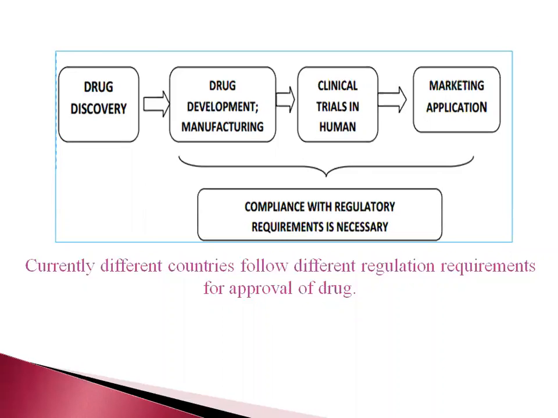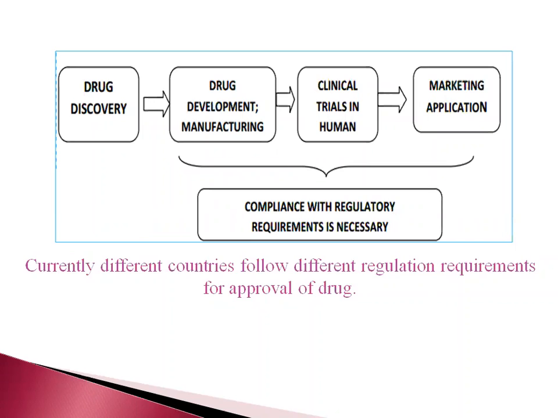During these phases we have different study protocols, and we need approval from different regulatory agencies. In different stages we need to file different documents to the regulatory agencies. Once they find it is okay and safe for human beings, they will approve that particular drug for use in society.